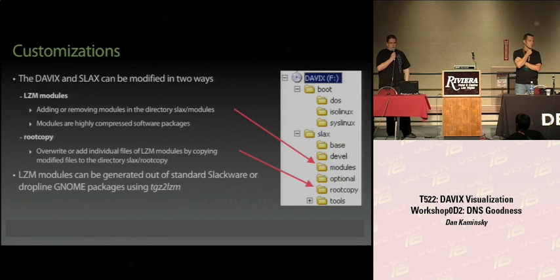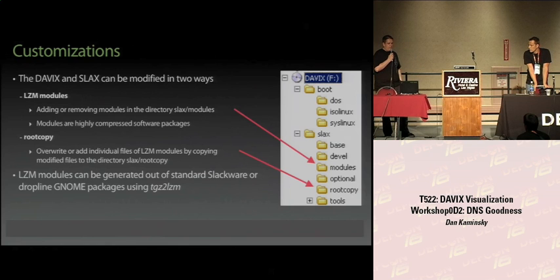Good. Just a word on customization. So you can see how it works. When you look on the DVD, there are different folders. There's a folder, for example, called Slacks modules. In there are all the modules located, which are on DAVIX. So if you create your own module, you can put that on the ISO in that directory, and it will automatically load.